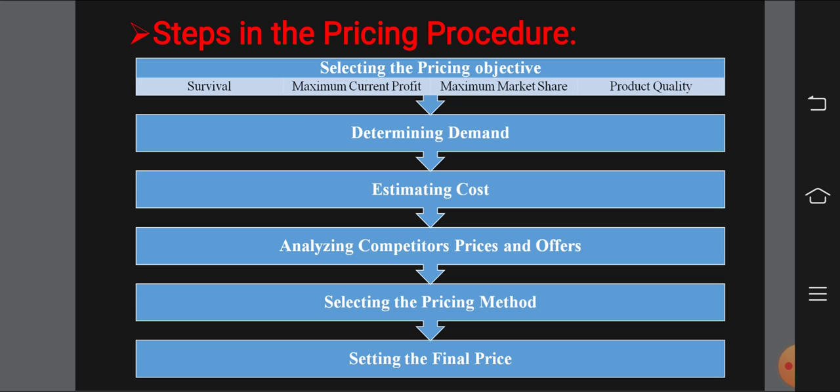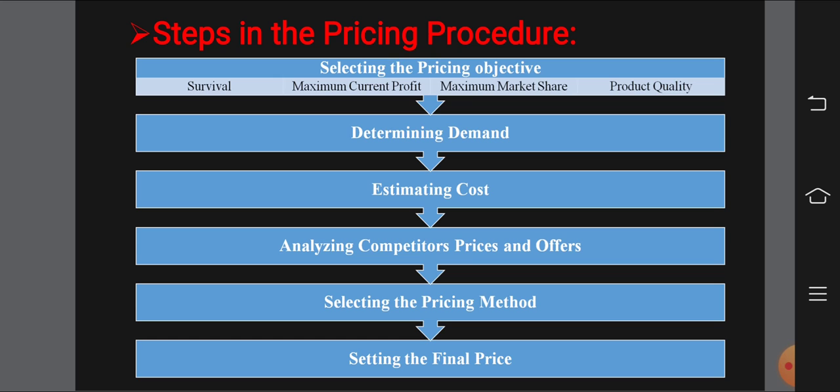If the objective of the firm is to get the maximum profit, then they can keep higher price ranges by providing higher product quality. If the objective of the firm is to capture the market share, then the firm has to keep the price of their product or services lowest compared to other competitors available in the market.